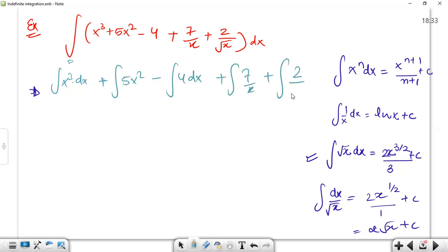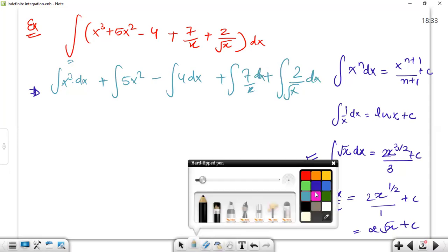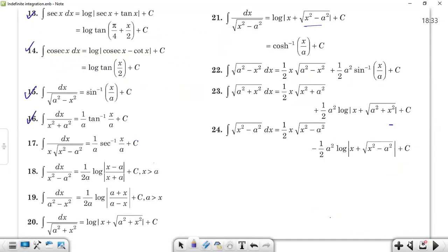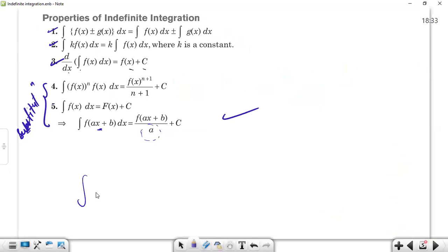And here we have to notice this. I have to mention that the integration of a constant c dx is not 0, it is cx plus c. Okay, because what we are doing here is that for any constant, we can write the constant outside, and dx.